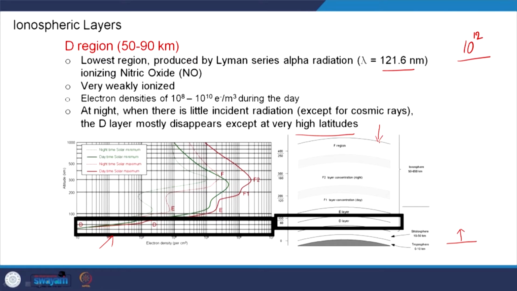So, by the time it reaches the bottommost, let us say 50 to 90 kilometers altitude, not much energy is left. All the energy is already spent in the upper atmosphere or the upper ionosphere. As a result, because of the low energy available, the electron density in the D layer is considerably low, the lowest of the four different layers in the ionosphere.